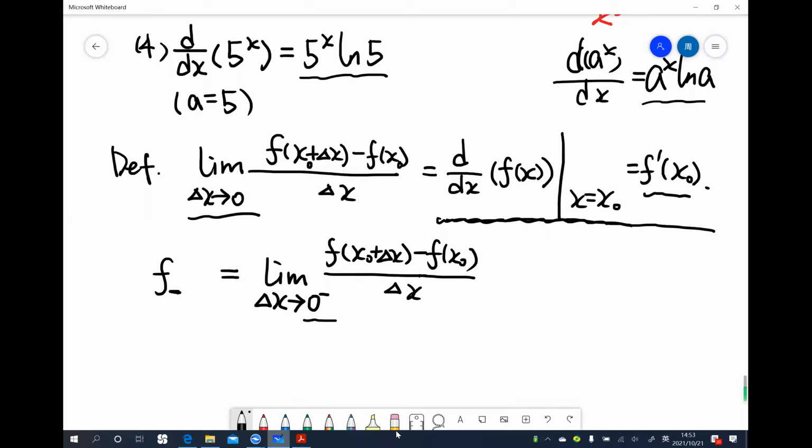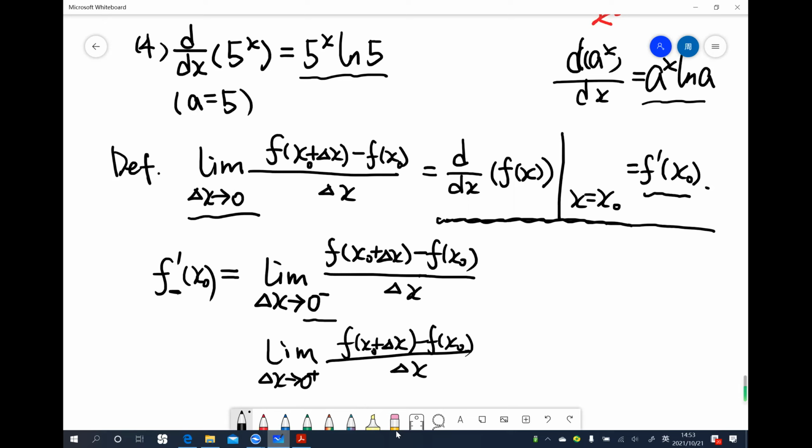That means left hand. And if the right-hand limit exists, we call it the right-hand derivative, so here we write plus.